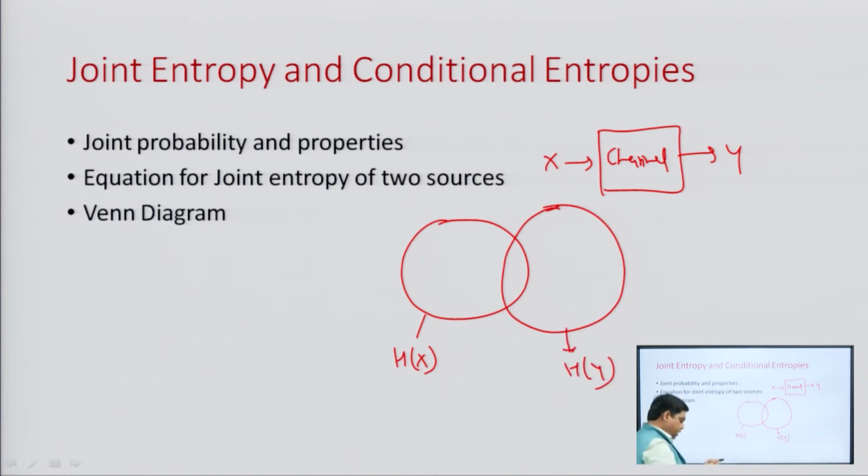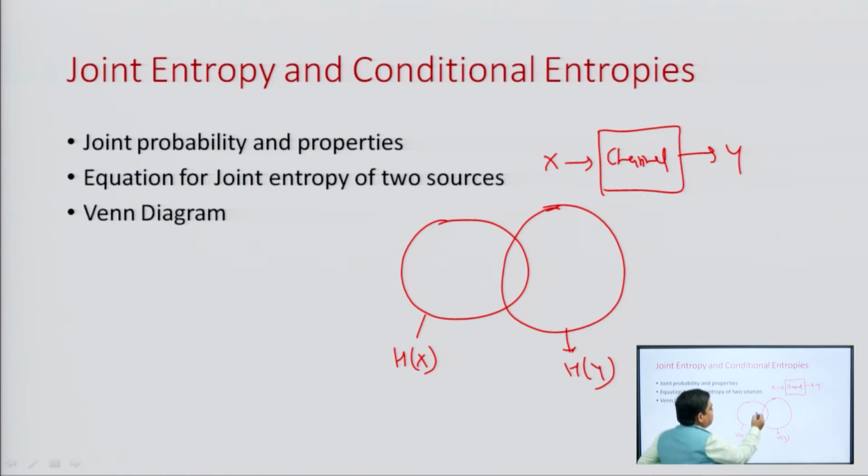Because they are dependent, when we give some symbols from x to the channel, it is possible that the same symbols pass to the output. But it is also possible that some symbols from x are corrupted at the channel, and at the output we get different symbols.